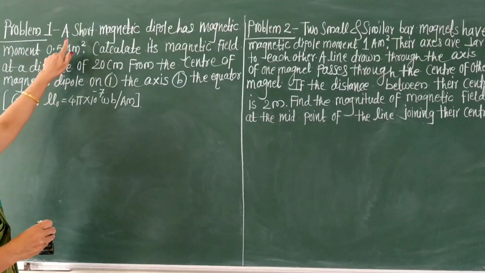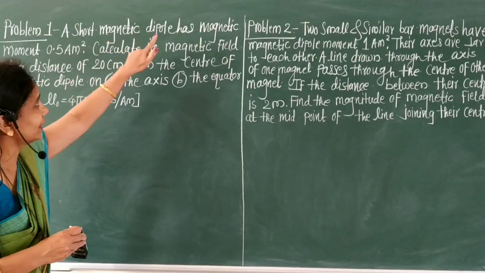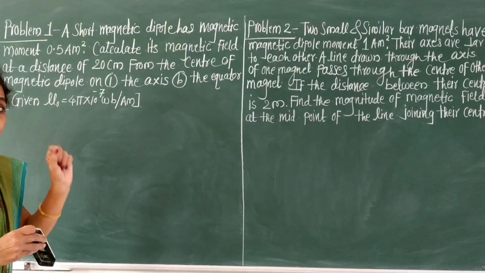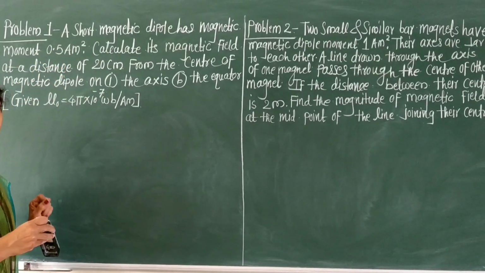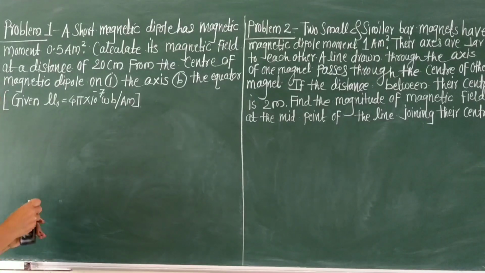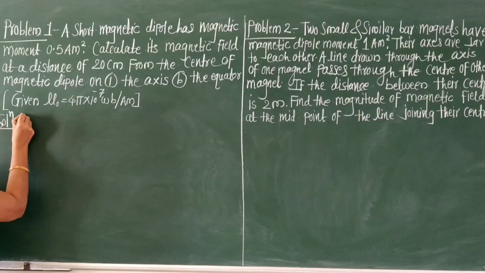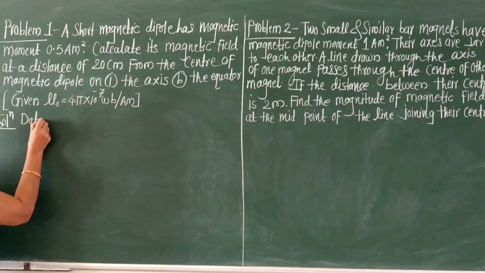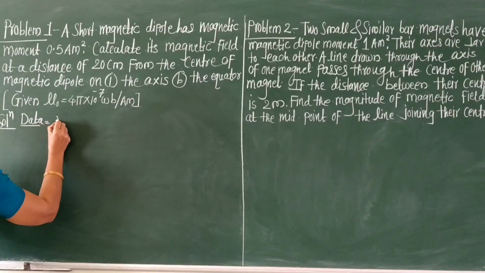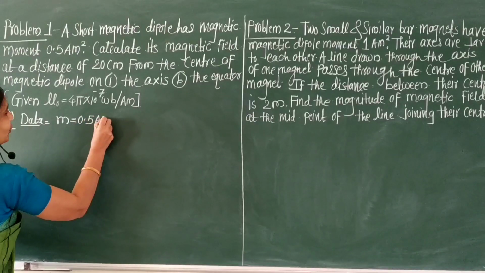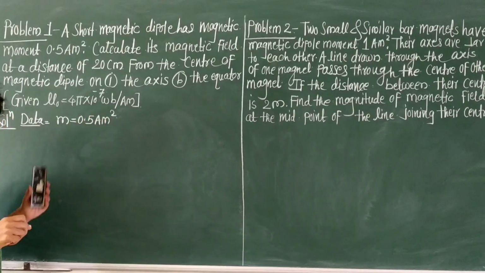problem. See this. A short magnetic dipole has a magnetic moment 0.5 ampere meter square. Therefore, in the solution, data is m is equal to 0.5 ampere meter square.